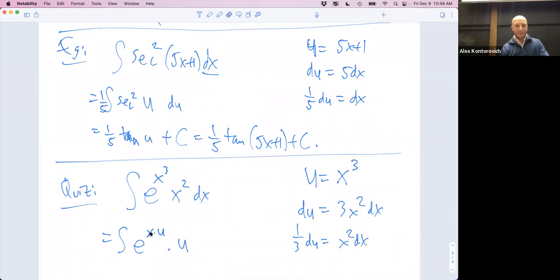This is e to the u, and x squared dx is a third du. So that's a third du. And the antiderivative of e to the u is e to the u. So here's a 1/3 e to the u, plus c. U is x cubed.